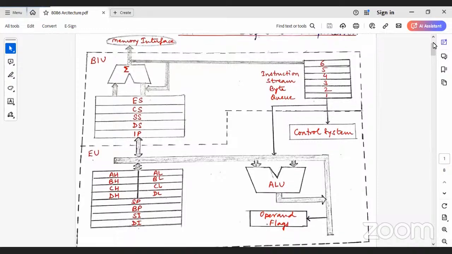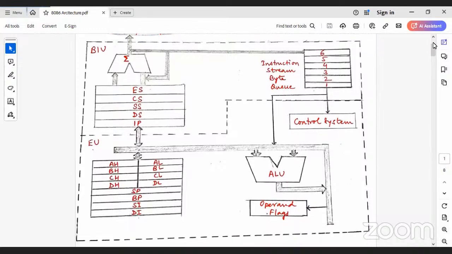Now, the control system will control the operations of each block. The arithmetic logic unit is the same as you have seen in 8085. It will carry out all the arithmetic and logical operations. And then one more important block here is the flags. So in 8085, you had one flag register, which was 8 bits.